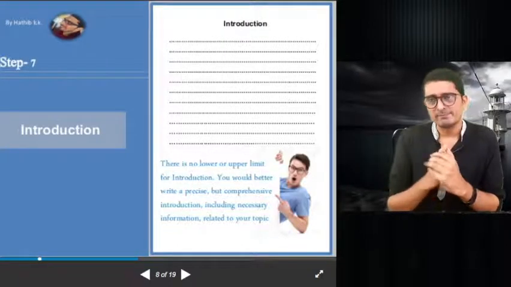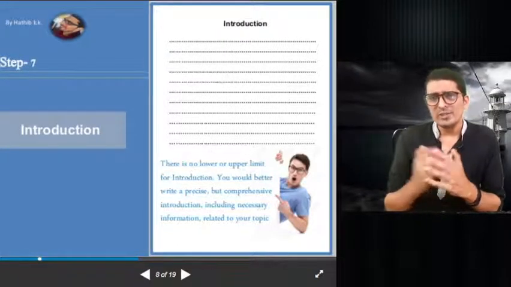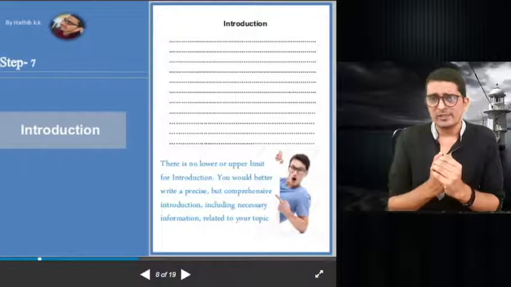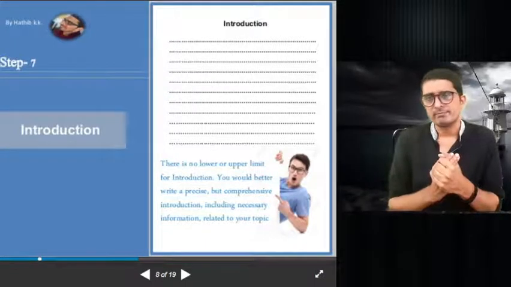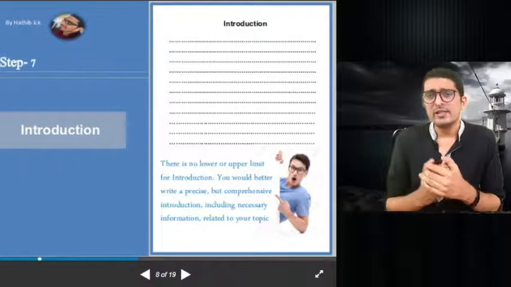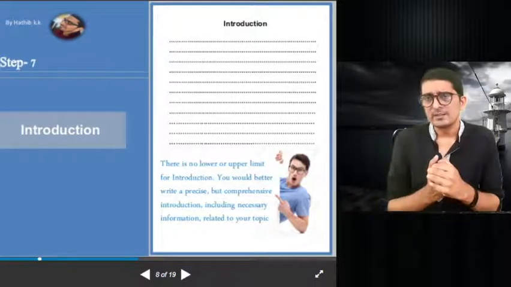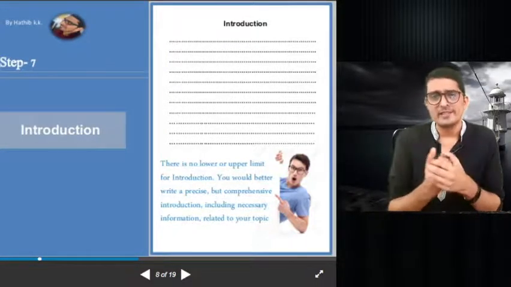It is not right. You can get some ideas from online or some other sources, but you should write your own information. You should give a comprehensive explanation of the topic you have selected.